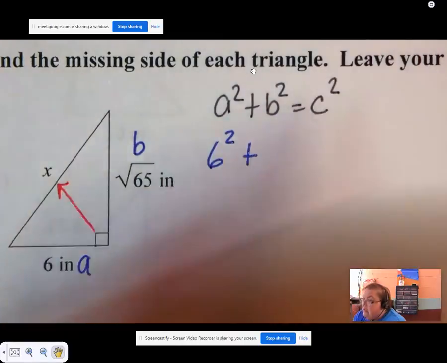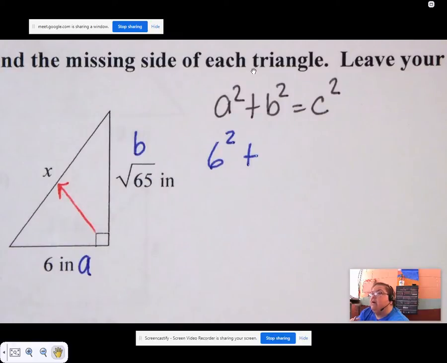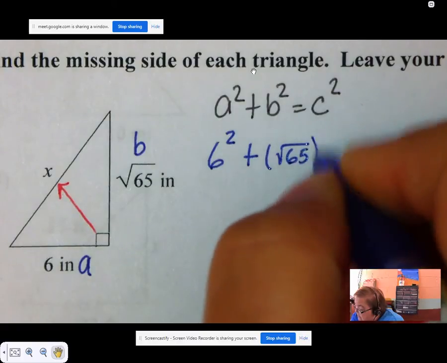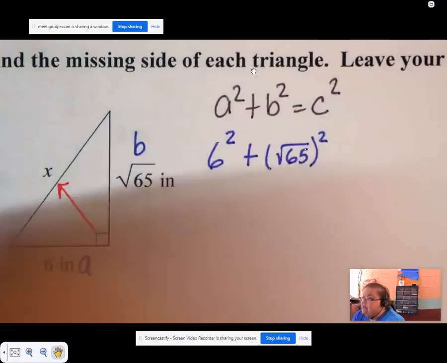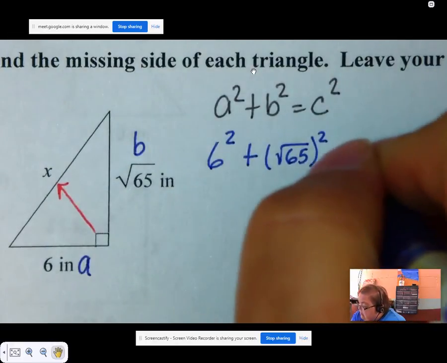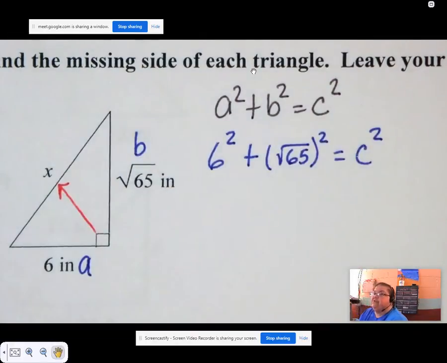Plus my b. Now, if you have a radical, you've got to put it in parentheses. So it's going to be root of 65 in parentheses and then square it. That's how they type it, calculator, right? Yes, ma'am. Exactly. And then it's going to equal, I don't know, c squared.